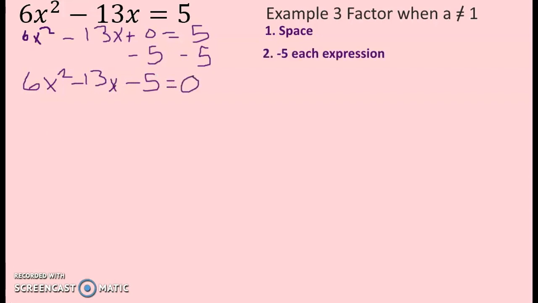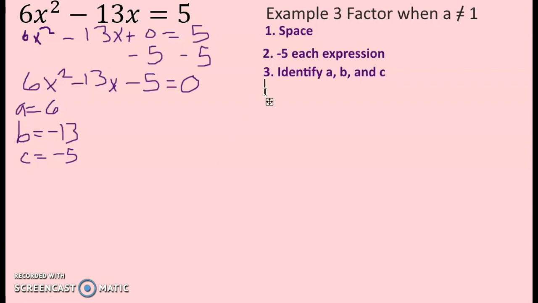The third step, we want to identify A, B, and C. A is the coefficient of x squared, that's 6. B is the coefficient of the x term, that's -13. And C is the constant term, that's -5.